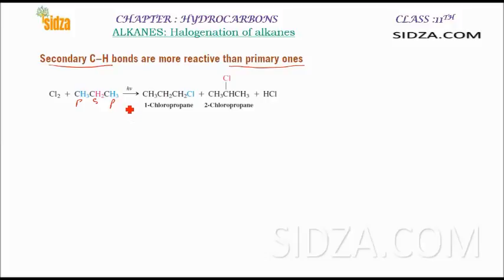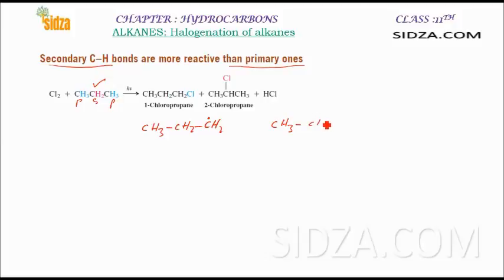That means the substitution will occur more readily at the secondary one than the primary one, because of the free radicals that you will get. From the primary one you get the CH3CH2 free radical. Once hydrogen is abstracted from the primary carbon, you get the primary free radical. If the hydrogen is replaced from the secondary one, the free radical will be a secondary free radical, which is more stable.